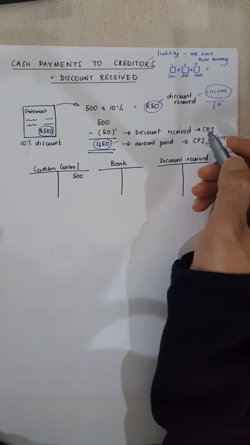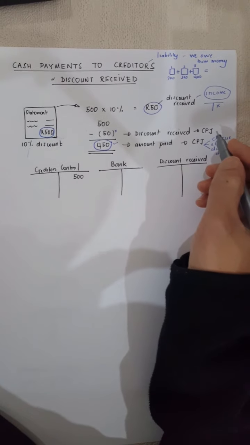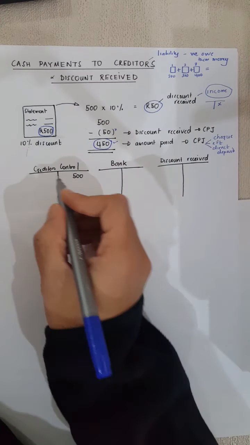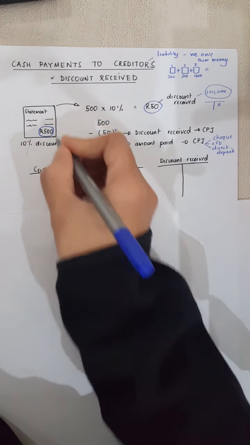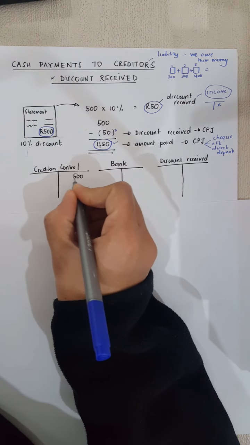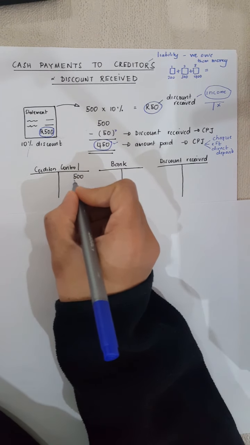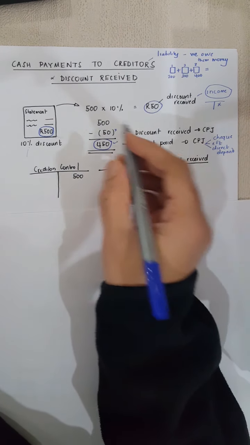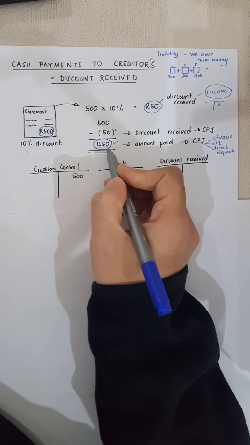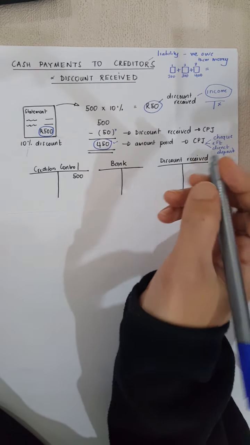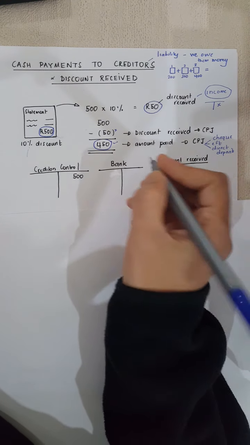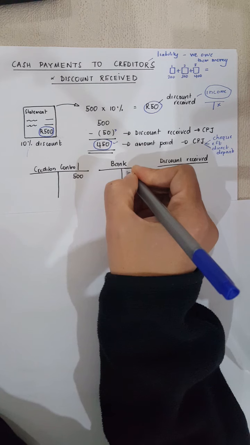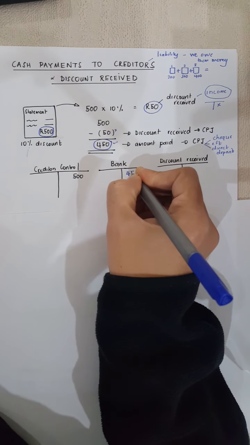So let's see it in the transactions. What is happening here is that we have a statement where in our creditors control, we are owing 500 Rand. So our balance here is 500 Rand on the credit side. Now I'm going to pay my creditor 450 Rand, and I'm going to get 50 Rand discount. So the transactions for that: I would credit my bank with the 450 Rand.